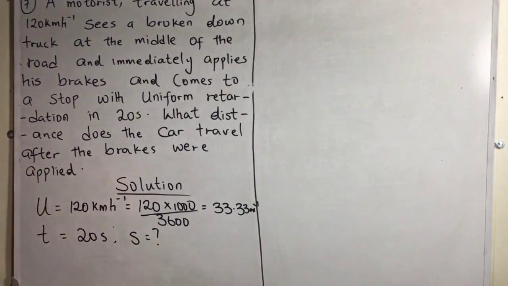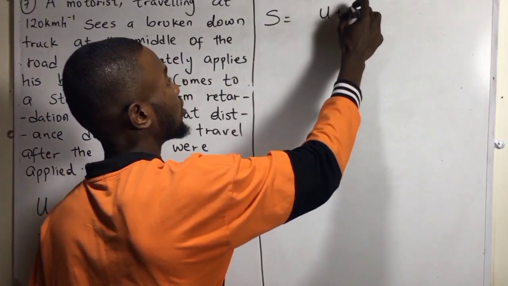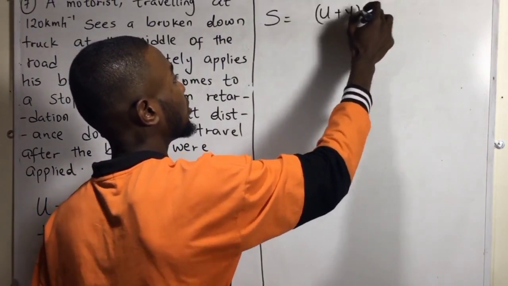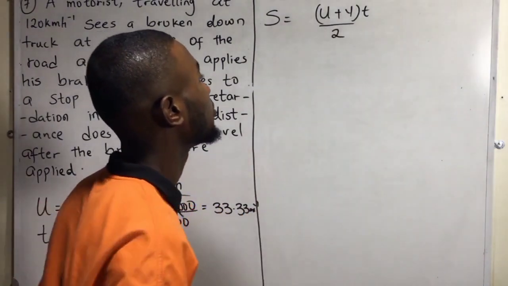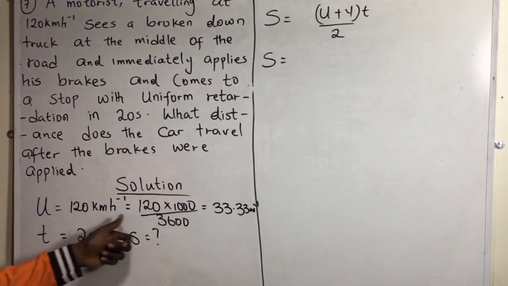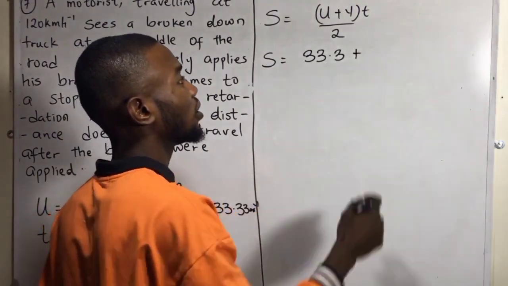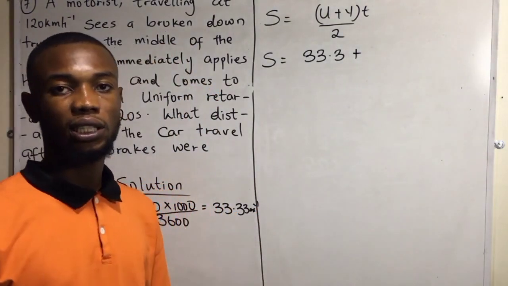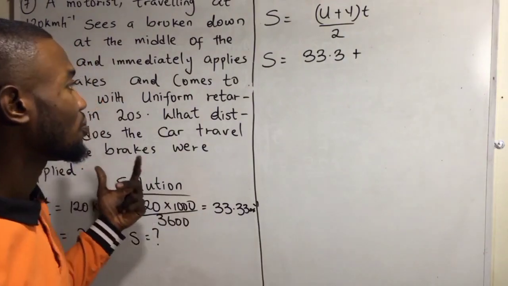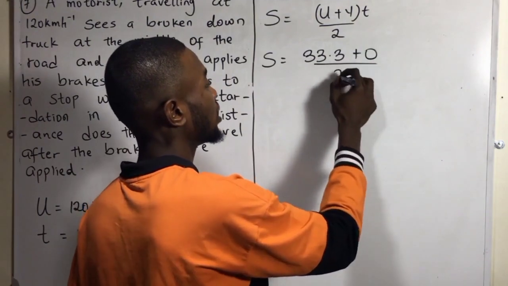Now, if you run through the formulas that we have earlier on, the best formula to solve for this is the fourth one, which says S equals (U plus V), or (V plus U), in brackets, times T divided by 2. Now let's move on. We have S equal to, the initial velocity is 33.3, plus the final, since the body is coming to rest, when it says after this brake has been applied, it means the final velocity is 0, divided by 2.